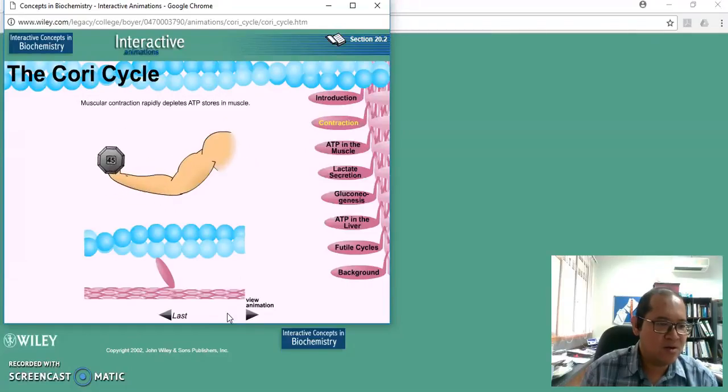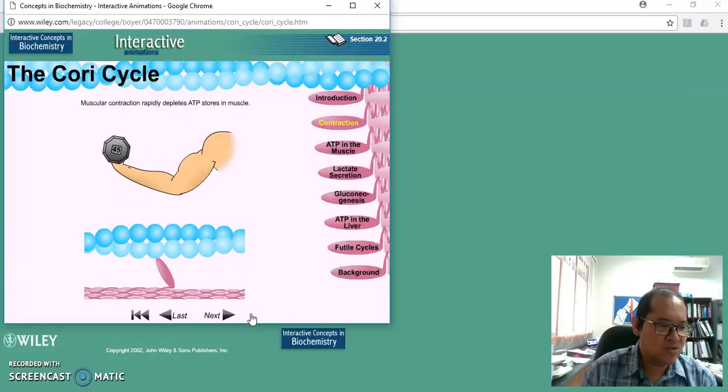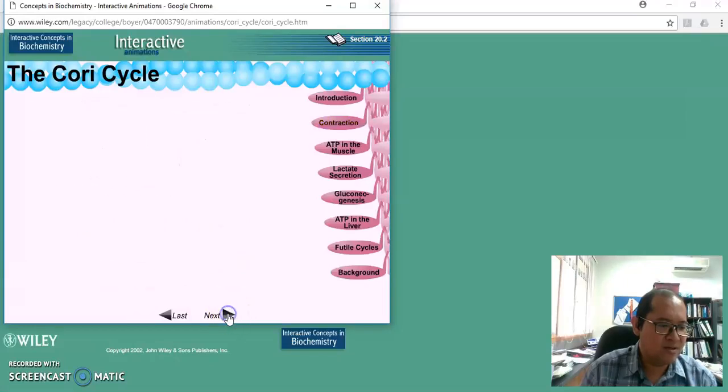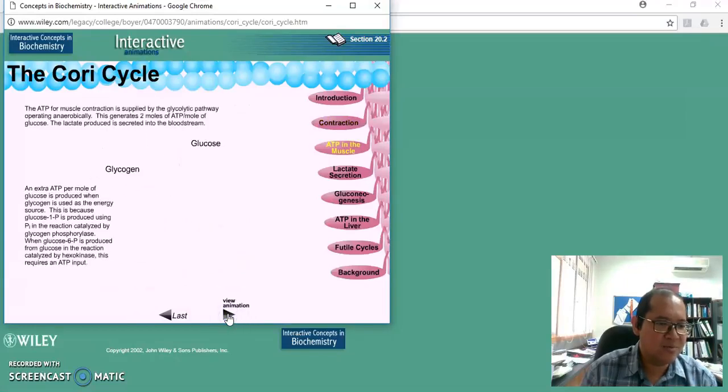So we see here, this is how the muscle contracts. Alright, at this point, you will find that the contraction will deplete the ATP storage in the muscle. Right, so they start using all the ATP quickly. So the next step is that the ATP from the muscle contraction is supplied by a glycolytic pathway.